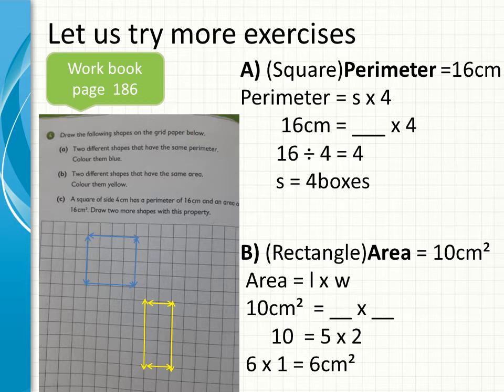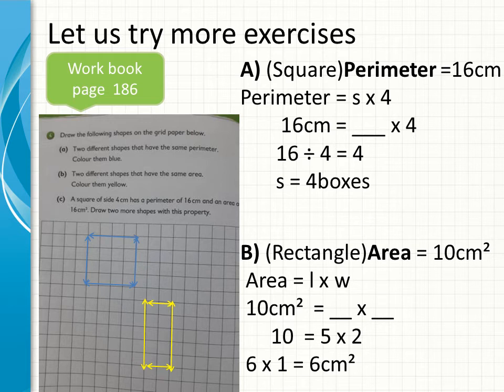Or finally, you can equally choose to have 10 boxes on your length and 1 box on your width. What does that mean? You still have a rectangle with 10 boxes, even though you have drawn it in 4 different ways. But I am going to choose now the 5 boxes on my length and 2 boxes on my width.